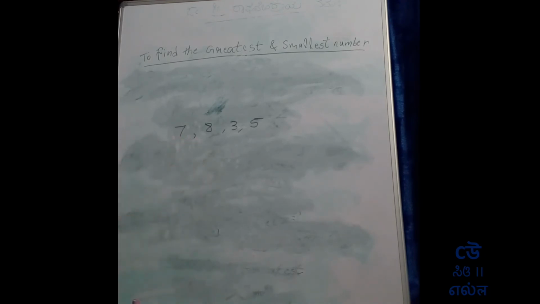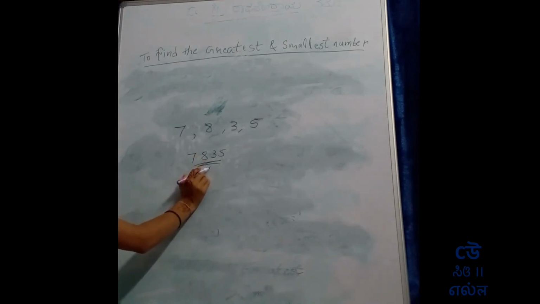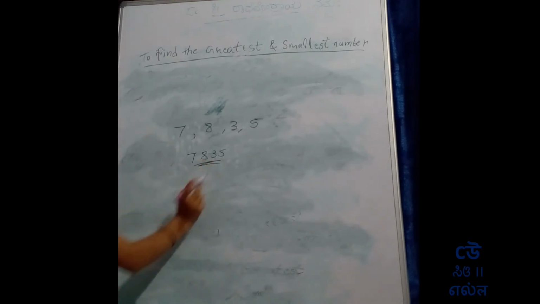So how to write a 4-digit number is, consider all the numbers. 7835, so this number can be considered as one number, right? This is not repeated, each number is written only once. For example, 7 is written only once, 8 also only once, 3 is not repeated, and 5 is also not repeated.